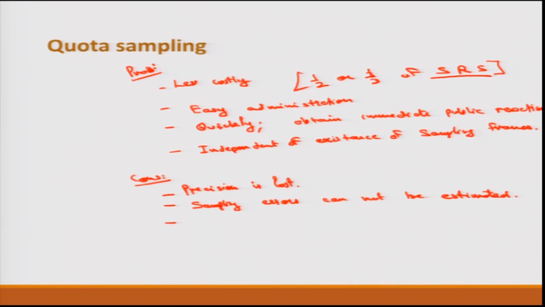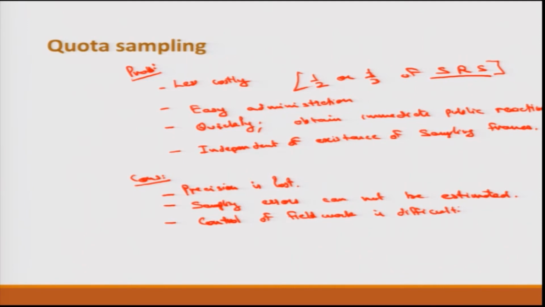So, the respondent may not give representative information for the whole population here. Social class leaves a lot to interviewers' judgment. Sometimes the interviewer is biased with a specific social class, and that becomes a matter here. Strict control of field work is more difficult.